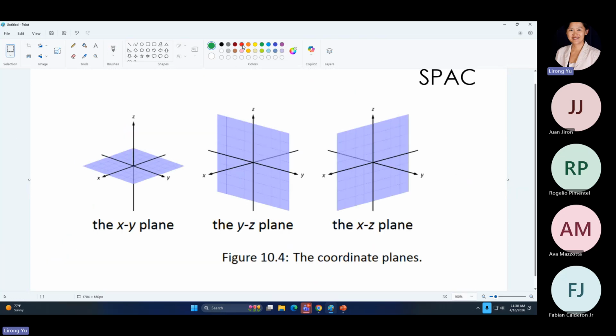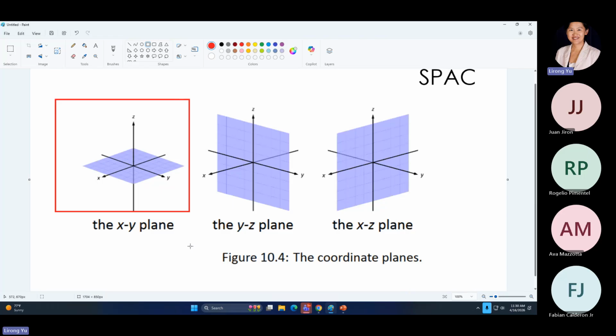Whenever we use an equation to represent a surface, we want to write down the equation. For example, this is the XY plane. The XY plane is formed by spanning the x-axis and y-axis, which are perpendicular, forming the structure of this plane.